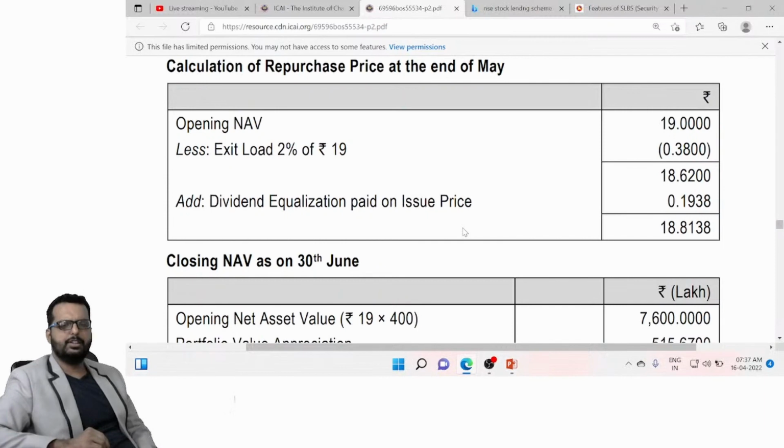Please write down this repurchase price. The main challenge is understanding the logic as to why they are adding. I think that's clear.